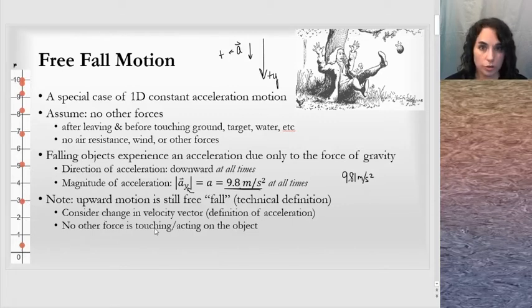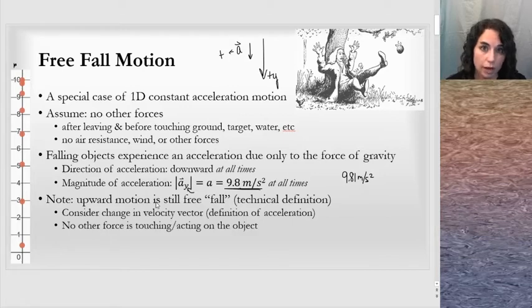And what I'm going to note here, and I found this, students find it gets confusing about what free fall is. Because you see free fall and you think, okay, it's free. It's a free object. But the falling part is a little weird because upward motion is still technically defined as free fall motion. Going back to the technical definition, what's going on here is that there's only the force of gravity.